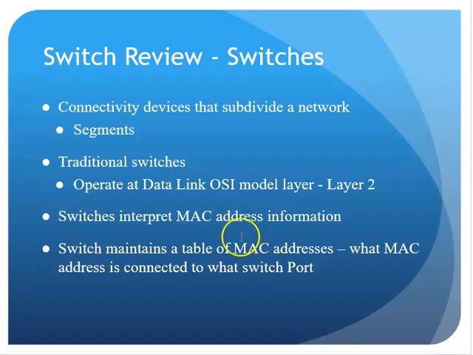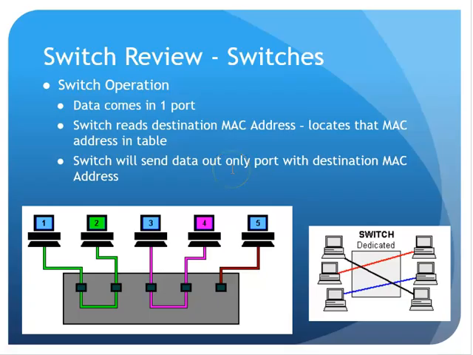So they're going to maintain a table of MAC addresses and what MAC address is attached to what port. It literally would be: this port has this MAC address or these MAC addresses, especially if you have 2 or 3 devices hooked up coming through that switch port. And the idea there is once it knows that, when computer 1 goes to send a message into the switch, the switch goes, well, where are you going?